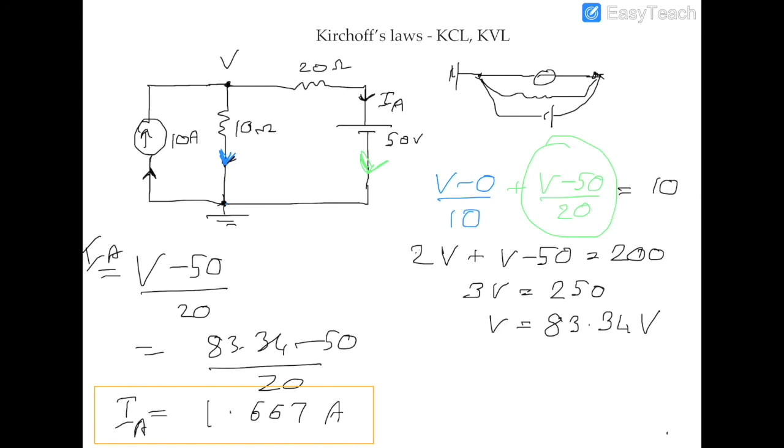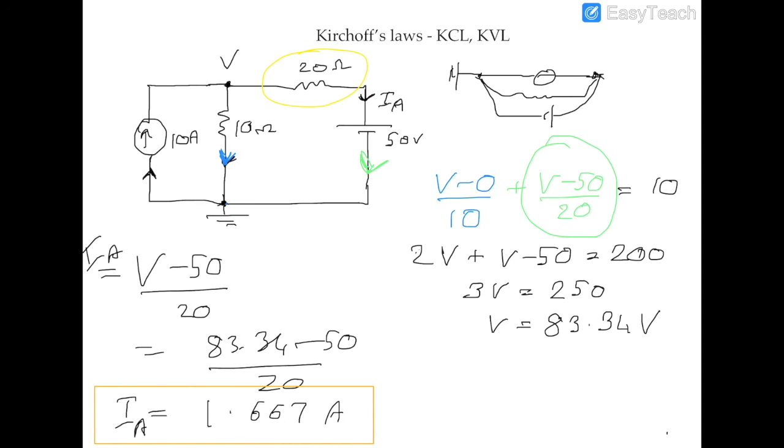So why is it so important to know this? When you're selecting this 20 ohm resistor, resistors have different current ratings. So if you select a resistor which has a 1 ampere current rating, and you hooked up that resistor here, it would burn because according to your analysis, you have a current of 1.667 amperes flowing through this resistor.